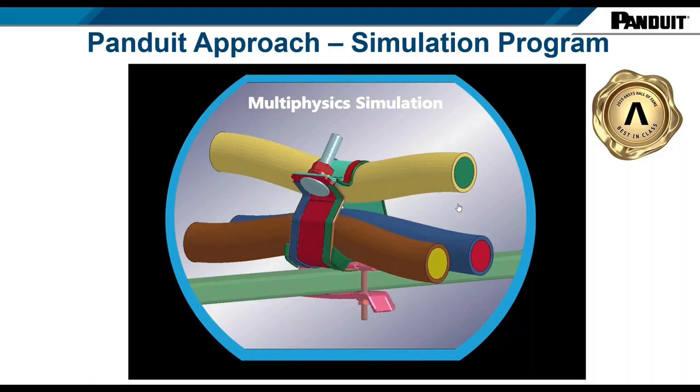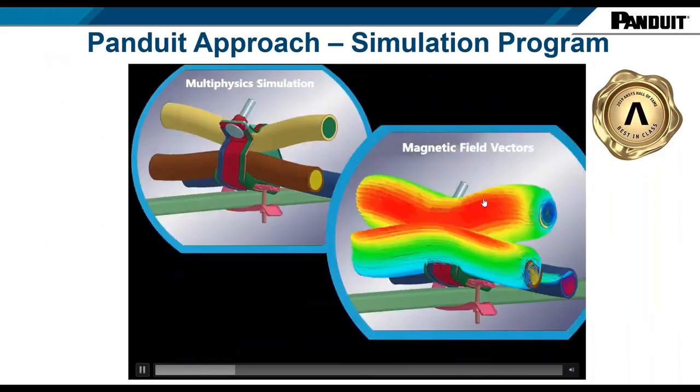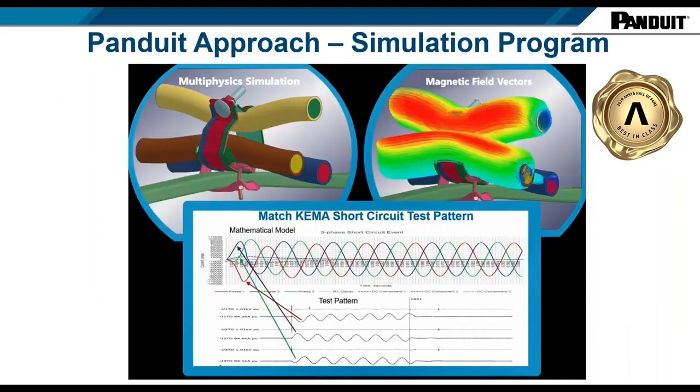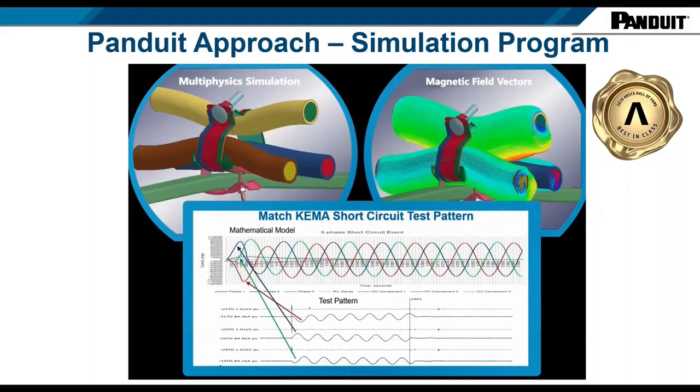We then fasten it to your structure to suit your installation, and we can simulate short circuit events. So we don't just look at the mechanical properties, we look at those magnetic field vectors, the Ferencian forces, and we put everything together, and we can examine not just the failure of the cleat, but will it damage the cable, the direction of those forces, etc.